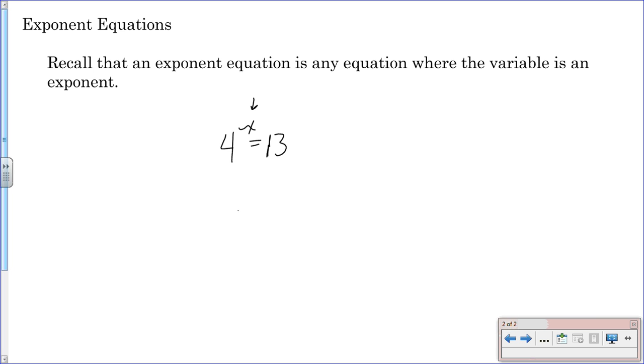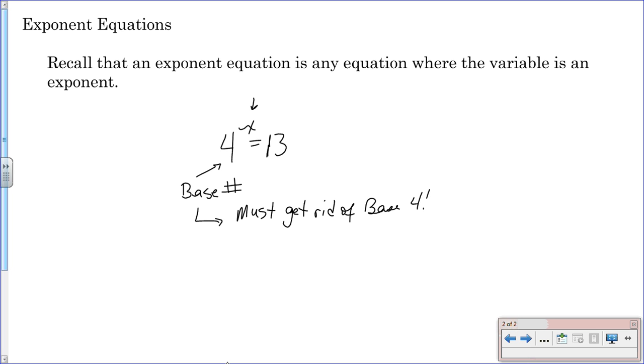Well, first, you must get rid of base 4. What's the base 4? That's the base 4. That is your base number, and the first thing you must do is get rid of that base number.